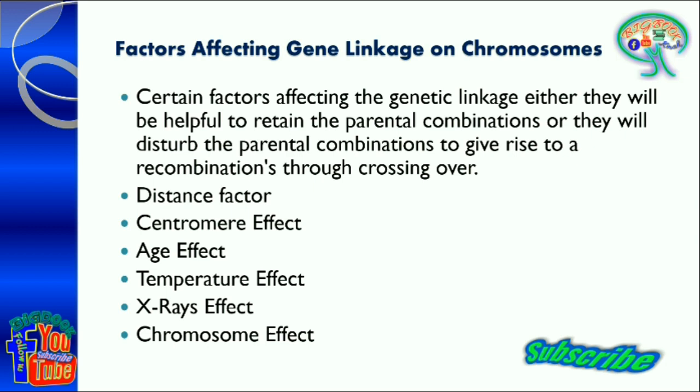But that is totally understood through the qualitative form of the inheritance of the genes. But when we discuss linkage, we are discussing certain other factors which are other than what we understood during Mendelian inheritance.